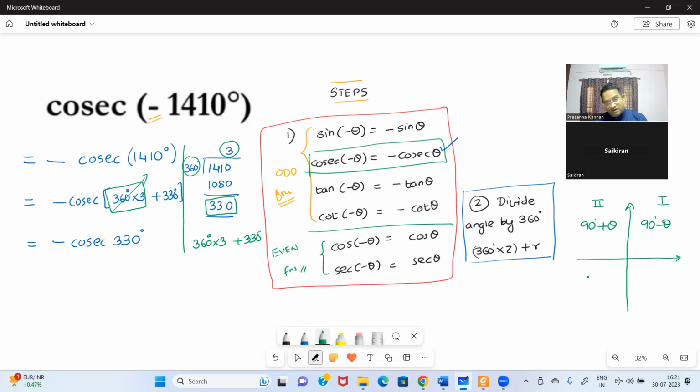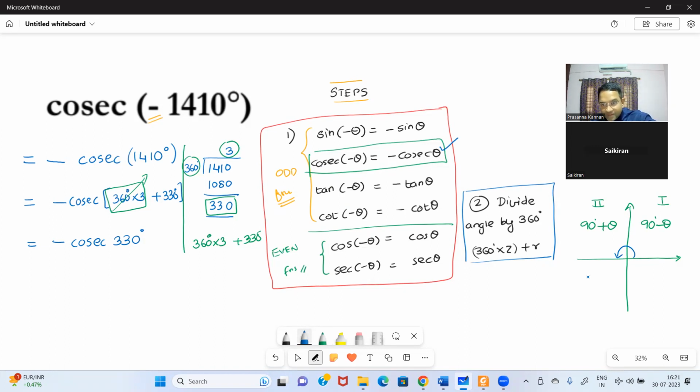Another way I will tell. 180 degrees is here. 180 is the middle between second and third quadrants. 180 minus theta, if I say 180 minus 30, 150 degrees, where is it?